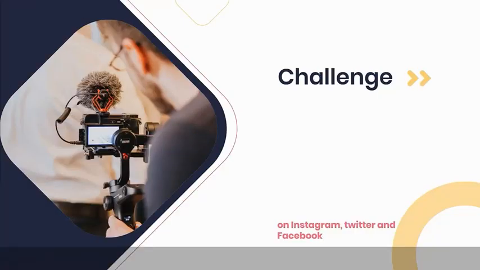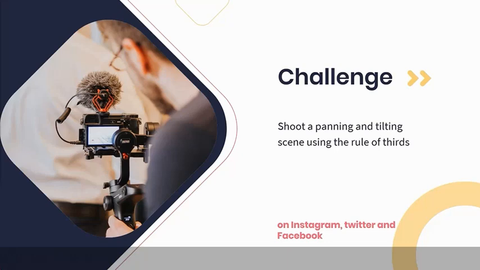Your challenge for this lesson is a simple one. I'd like you to shoot a panning and tilting scene using the rule of thirds. Hashtag Shaw Video on Instagram, Twitter and Facebook. So you're combining two movements and one compositional technique.